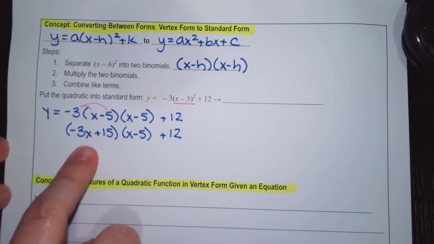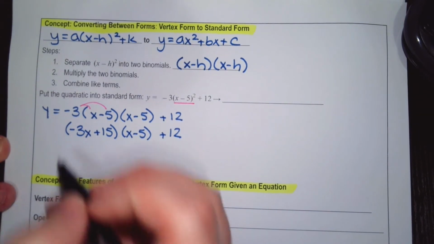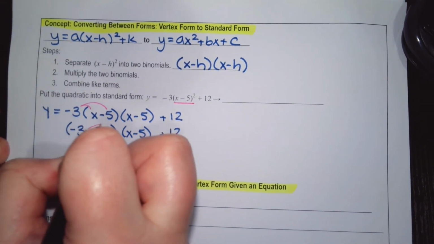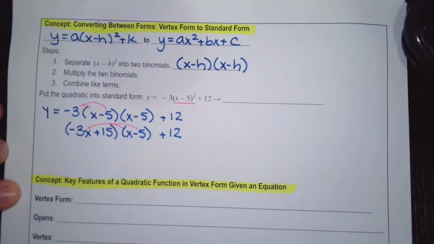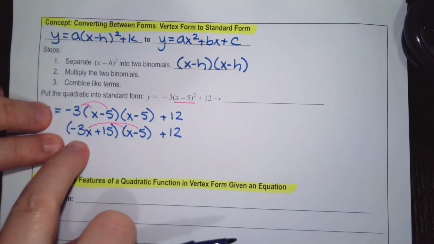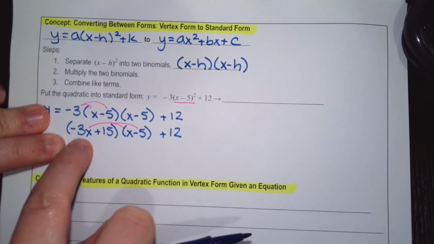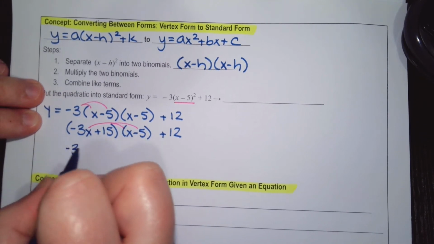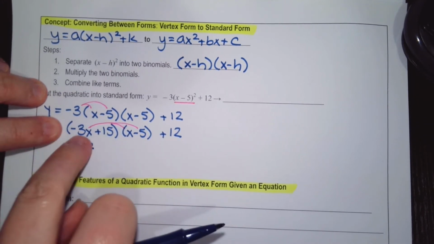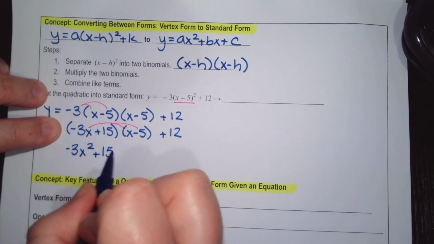But now we have two binomials. We need to multiply them together. Everything from the first gets multiplied to everything in the second. So let's start with negative 3x, multiplying it by both items in here. Negative 3x times x is negative 3x squared. Negative 3x times minus 5 is plus 15x.